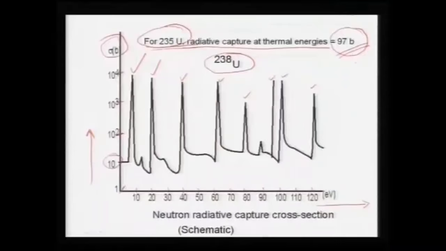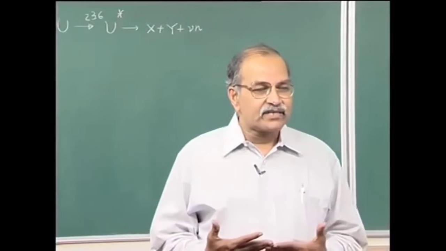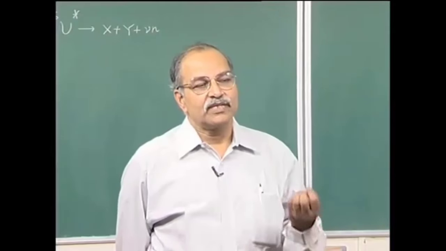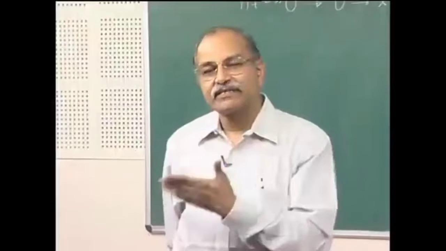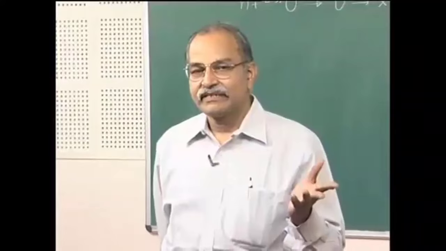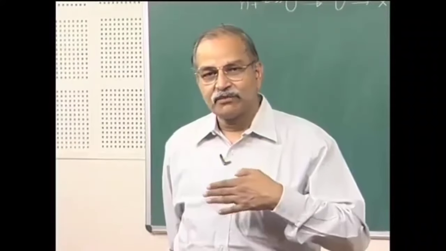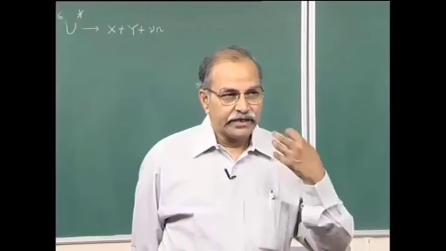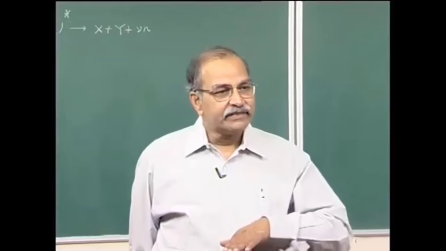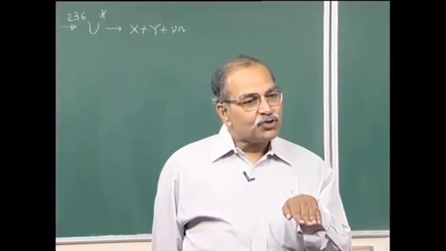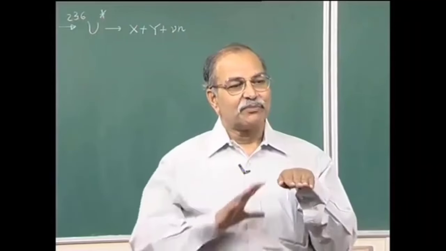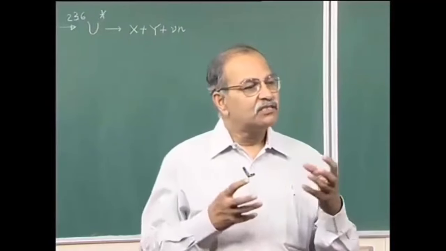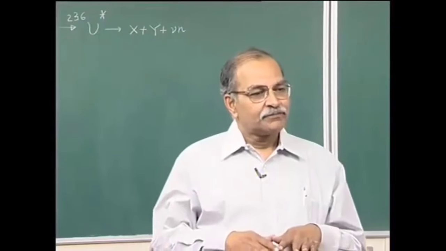And then there are other processes also, like elastic scattering and inelastic scattering. A neutron which goes to a uranium 235 or uranium 238 can just get scattered elastically or inelastically. For inelastic scattering there will be some threshold, because inelastic scattering means some kinetic energy goes into internal excitations. That means it takes the nucleus to one of its excited states. So some energy goes into the nucleus and the total kinetic energy available to these interacting particles becomes lower.